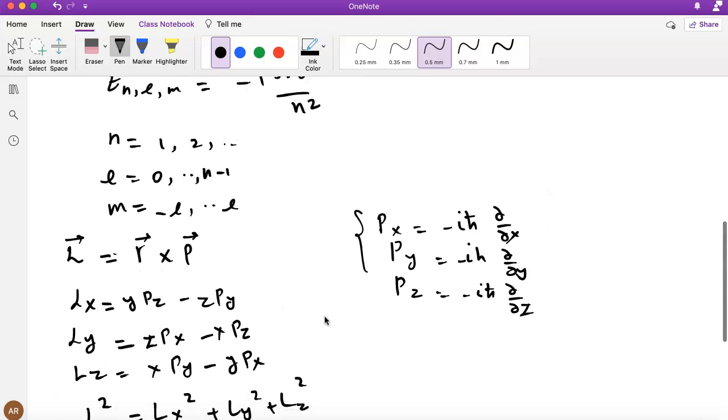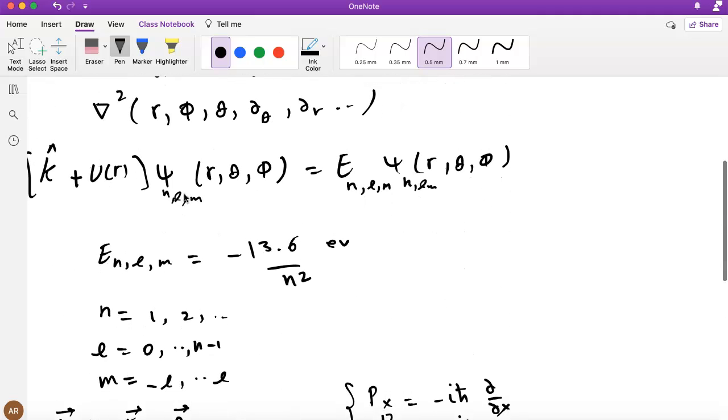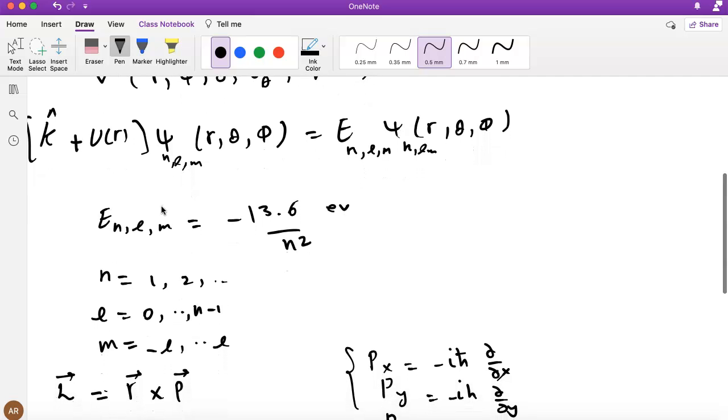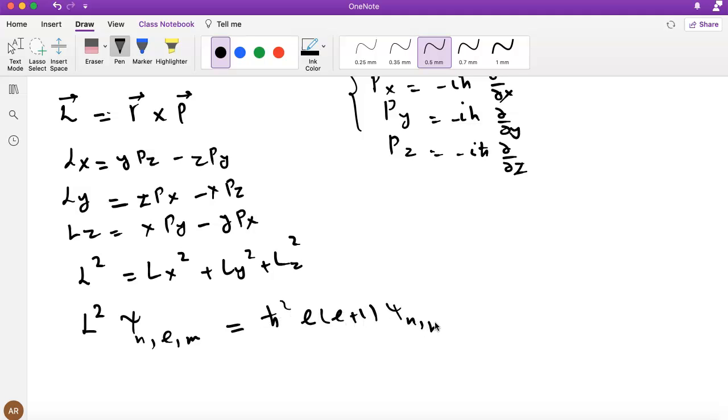Okay, so given these operators, I mentioned that L and m are related to the total angular momentum and the z component of angular momentum. To make that statement precise, it turns out that L squared, this total angular momentum squared operator, acting on psi n, L, m gives me h bar squared L times L plus 1 times psi n L m.